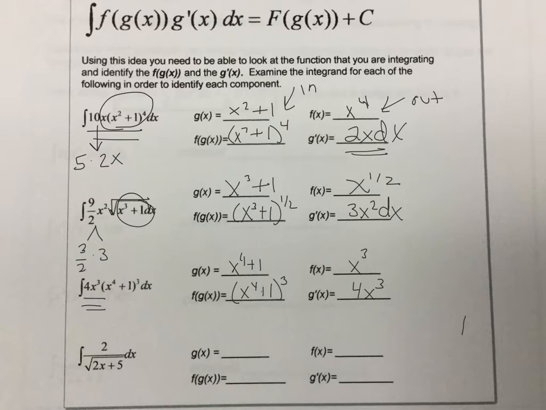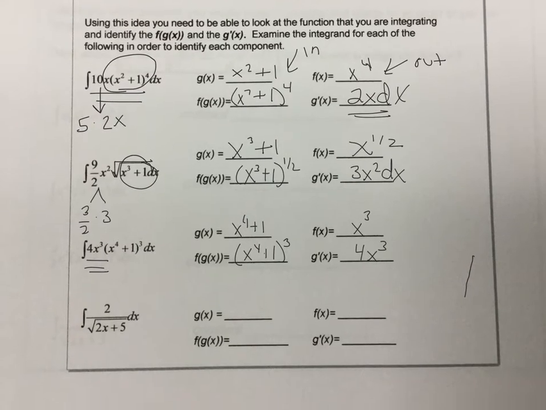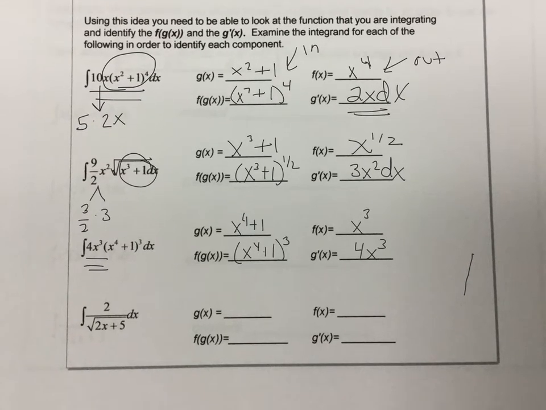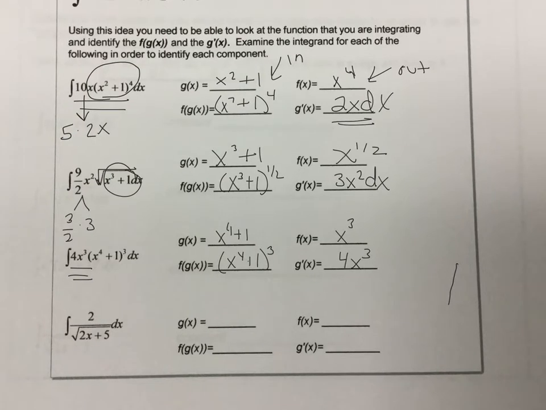Then for our last one, this might be a little trickier to see because it's on the bottom, but the inner function is still what's being raised to the power. So it's 2x plus 5, and our outer function will be x to the negative 1/2.